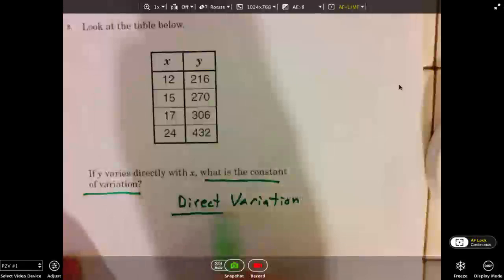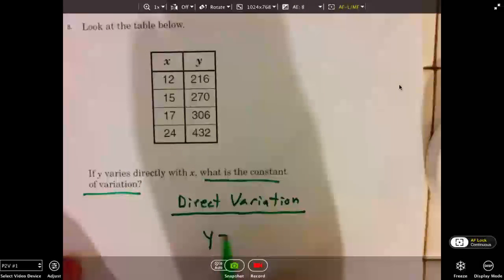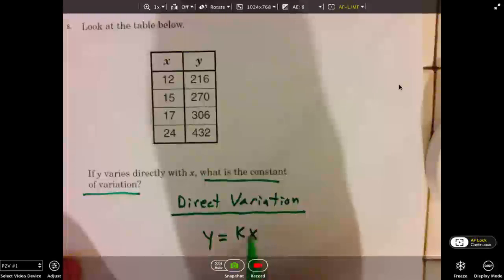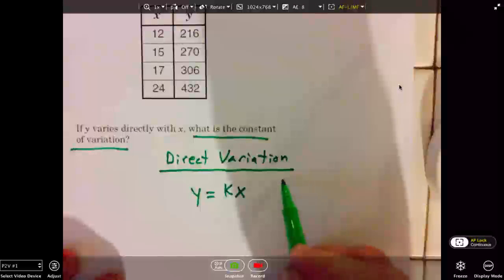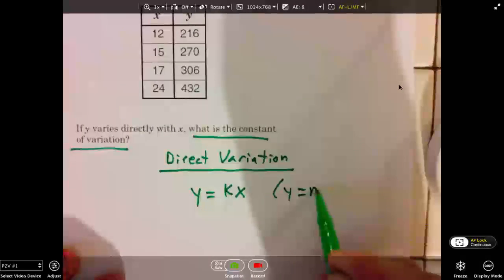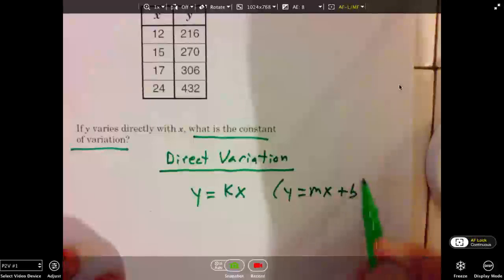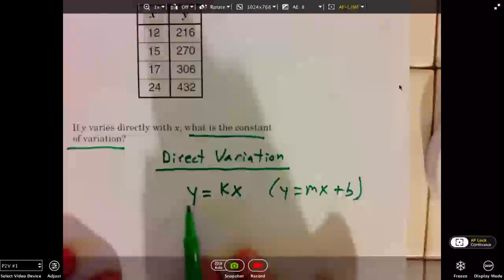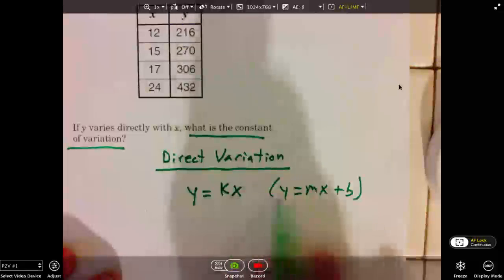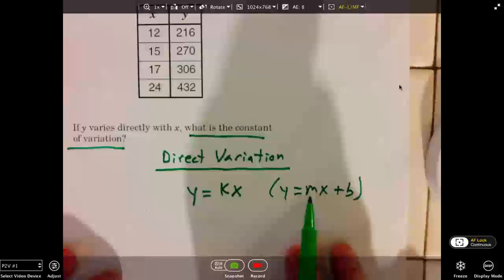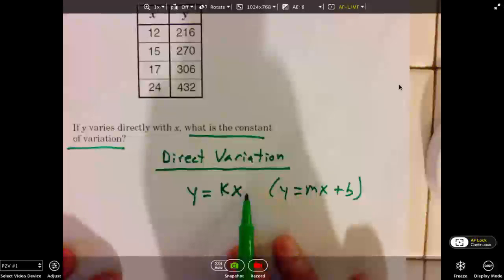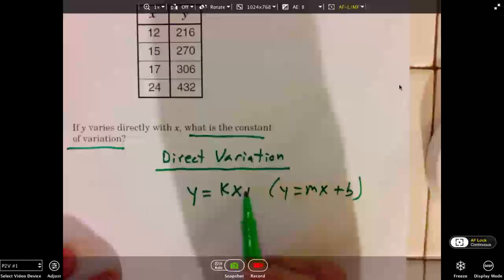A direct variation equation is one of the form y equals kx. And you can see this equation is analogous to our y equals mx plus b. y is exactly the same, x is exactly the same. Here they're using k where we used m previously. In their case, they have no y-intercept. You can consider it being 0.